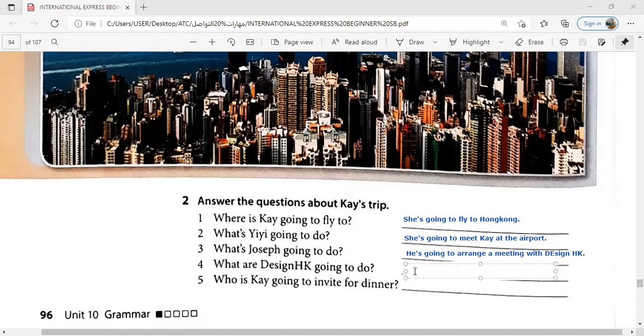They are going to design. طبعا لاحظوا انه Design HK هي شركة مفردة. لكن لما استخدموا what are here معناته بدنا نعاملهم معاملة الجمع. ف they are going to design what? Some products for them طبعا, for Kay and her company.